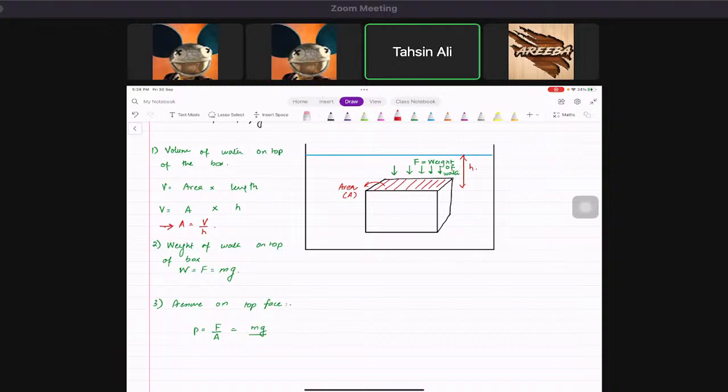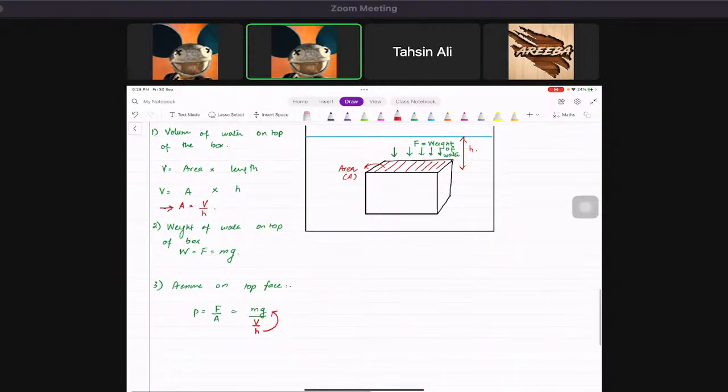Yeah, you can. Then if I plug that in instead of the area, h is being double divided, so it gets multiplied on top, which makes this mgh over V.